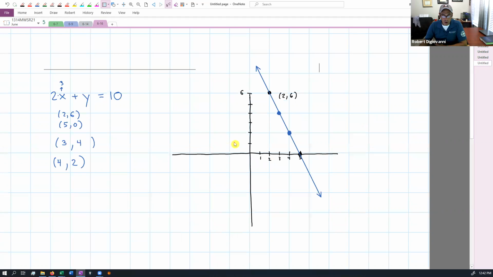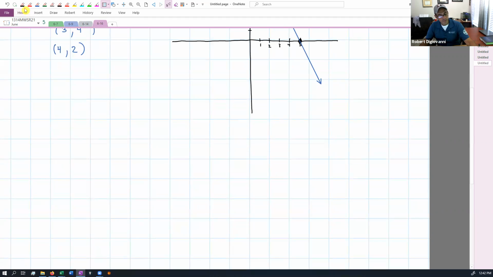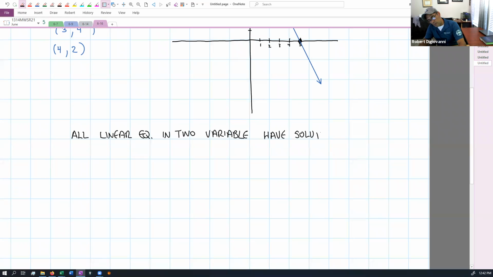So all linear equations in 2 variables have solutions which form a line.